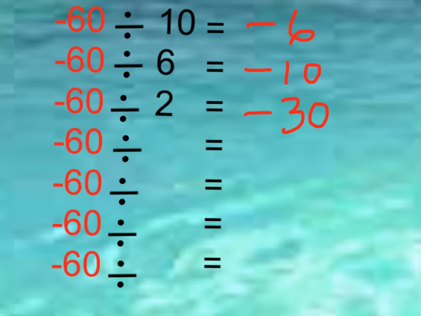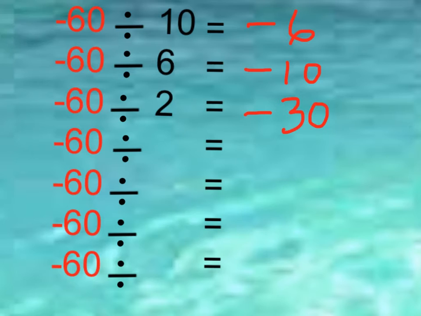And if we remember that division and multiplication are connected in their opposites, the dividend divided by the divisor equals the quotient, and the reverse of that, the quotient times the divisor equals the dividend.